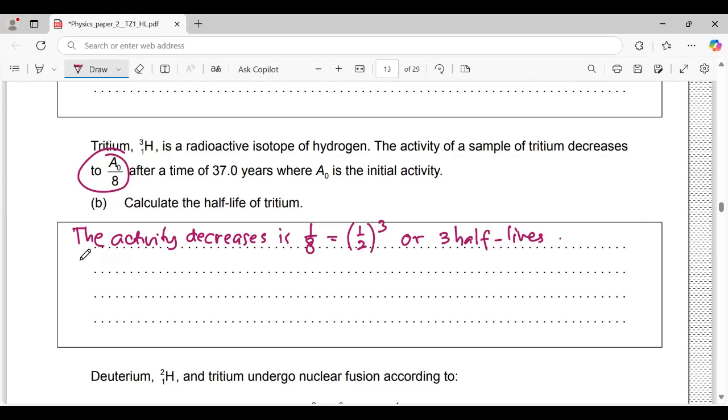So it means the half-life of tritium equals 37.0 over 3, and this is 12.3.